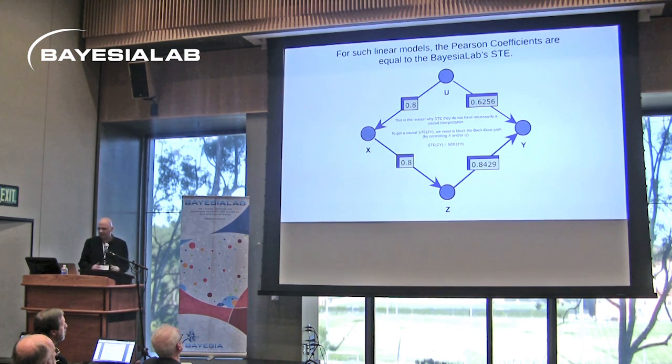And then if we want to have the standardized total effect of z on y, we have to block the backdoor path, right? So we need to either control x or u, just to be sure that we don't have any information coming from z via x or u.